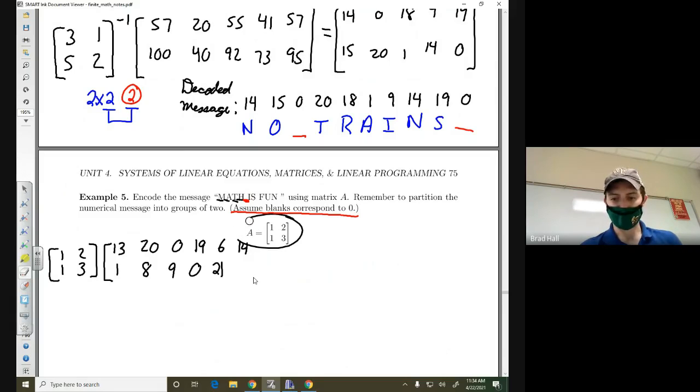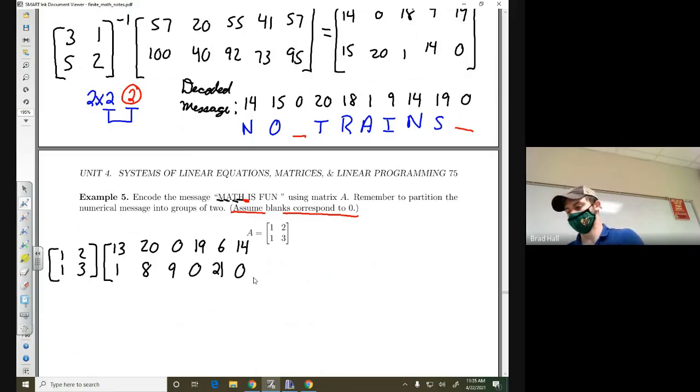Now you might notice, well, now we're off by 1. There's not an even number of letters. So if that's the case, you can put a placeholder, just blank, a space, just so you can go ahead and fill in the matrix.